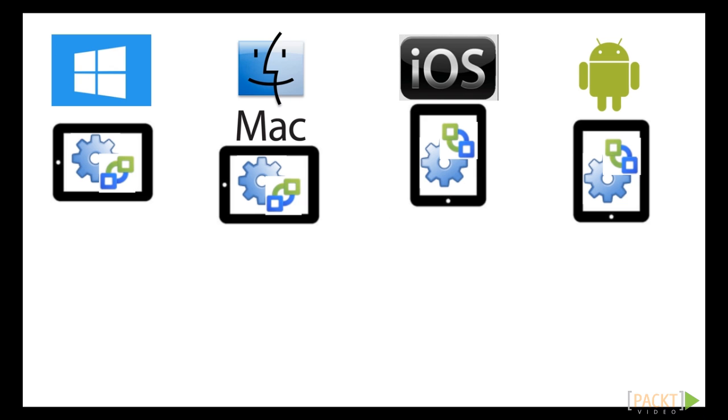Users can access RDS hosted apps or desktops using View Client for Windows, Mac, iOS, and Android. In addition, through integration with VMware Workspace, you can also integrate Citrix XenApp, Software as a Service, and ThinApp applications.